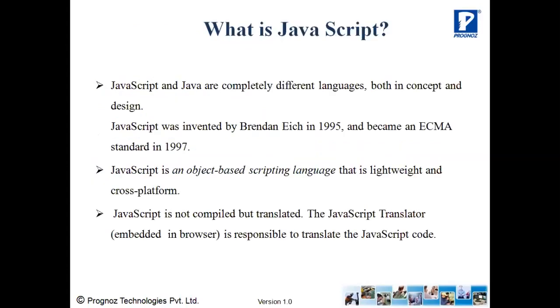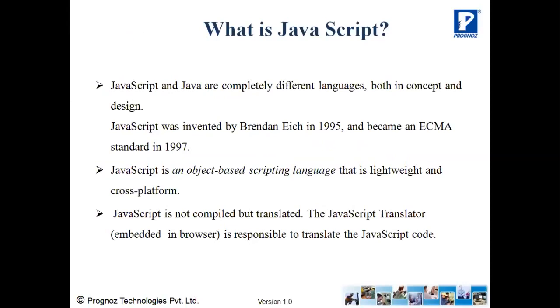Now the first point they have given related to JavaScript is that JavaScript and Java are completely different languages, both in concept as well as design. JavaScript is a scripting language, whereas Java is a programming language. Who developed JavaScript?